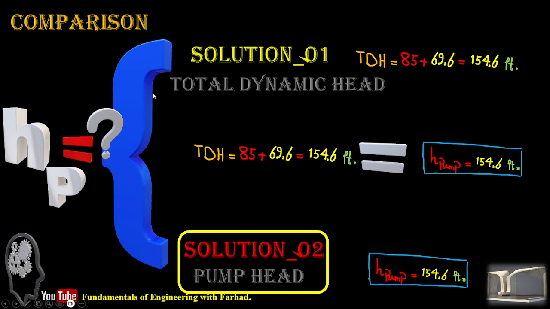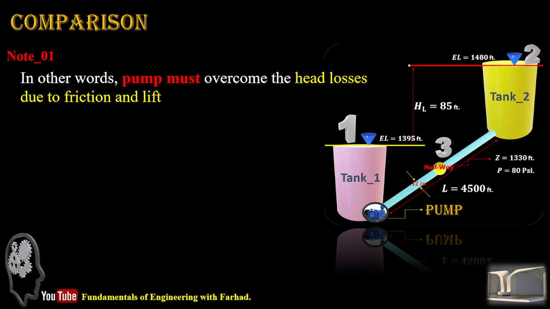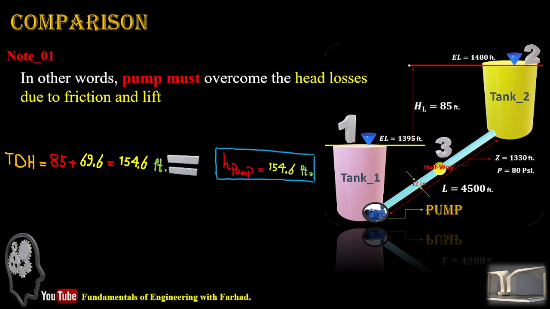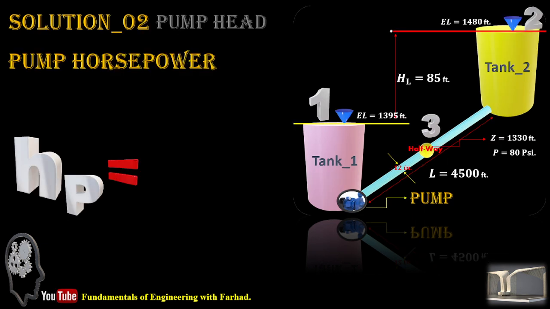In other words, one can say the pump must overcome the head losses due to friction and lift together. That's why the head of the pump is exactly equal to those friction plus lift heads. That's why as soon as we know the head of the pump, the problem is done. So TDH is this amount, and that's equal to the head of the pump.